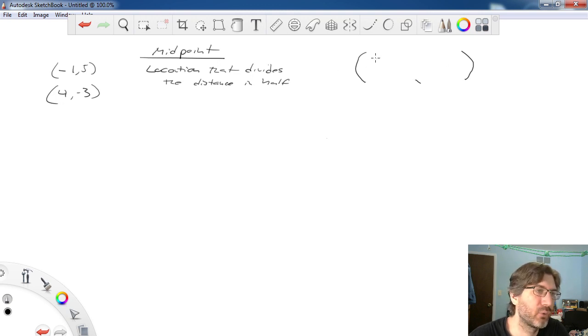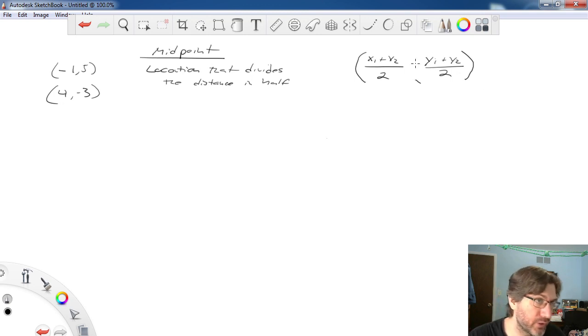To get your x coordinate you just add your 2 x values and divide it in half, and that would be halfway through it. So x1 plus x2, and then you're going to take that and divide it by 2, cut it in half, or multiply it by half, however you want to do it. And over here you're going to have y1 plus y2, and you're going to take that in half.